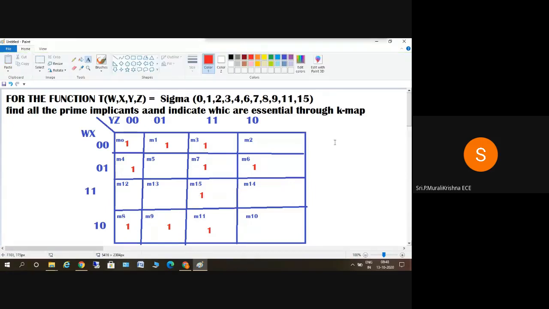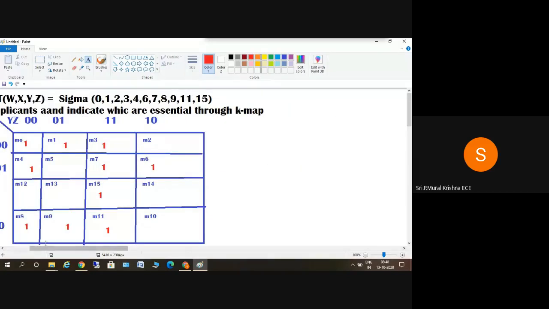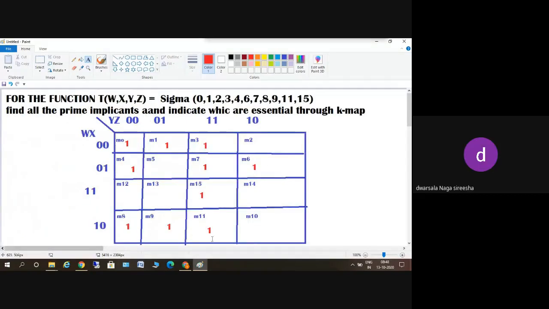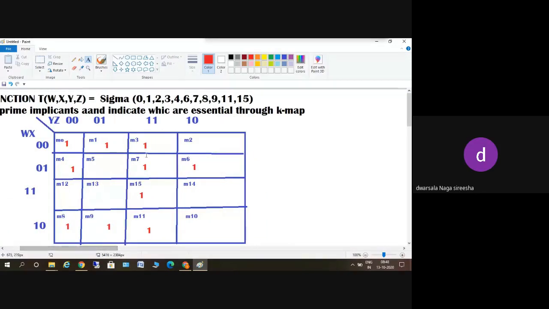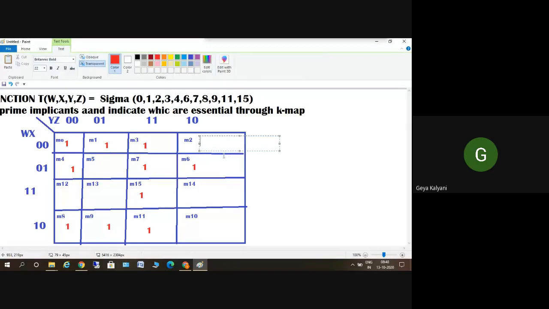Okay, so what we have to do? We have to do the groupings here. Oh, 2 is also there. Yes, sir, 2 is also there.